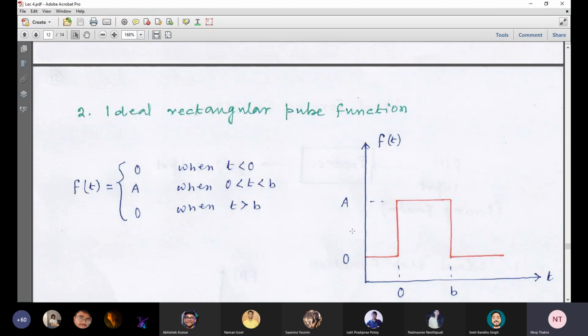This is the graphical representation of the rectangular pulse function.